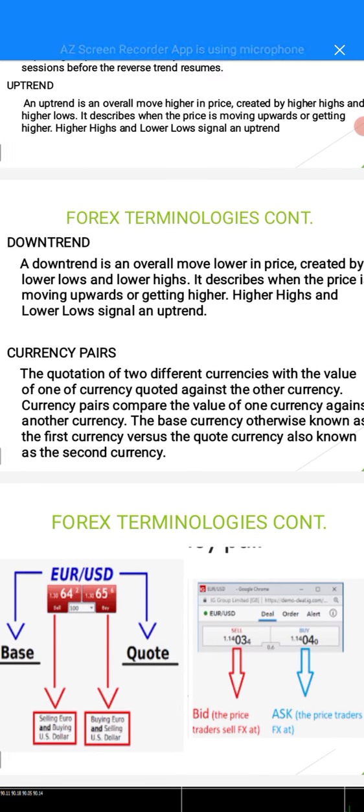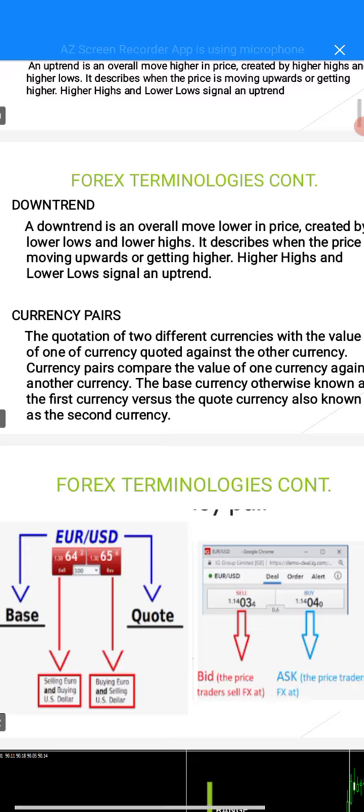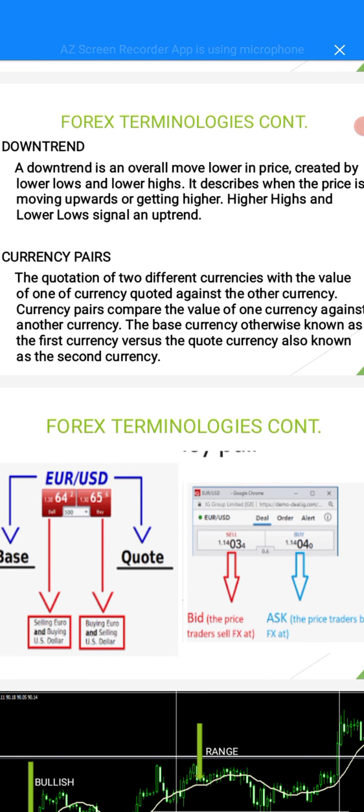Then we're going to be talking about currency pairs, which refers to the quotation of two different currencies, with the value of one currency quoted against the other. I take you back once again to our first class, where I mentioned that all that happens in Forex is the buying and selling of different currencies.